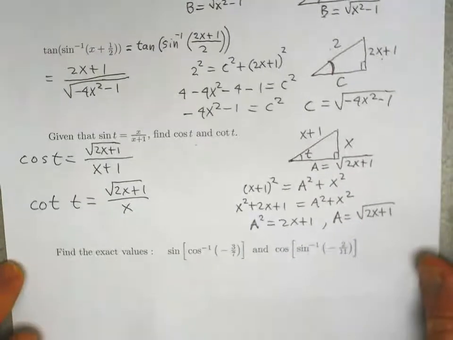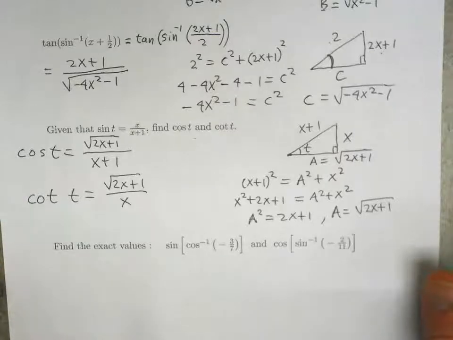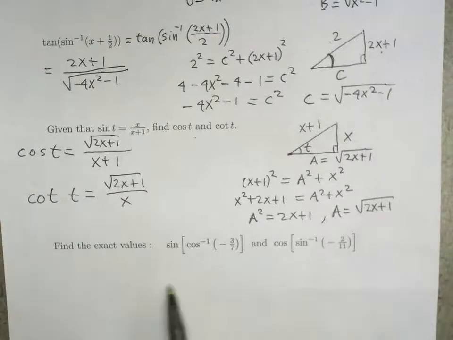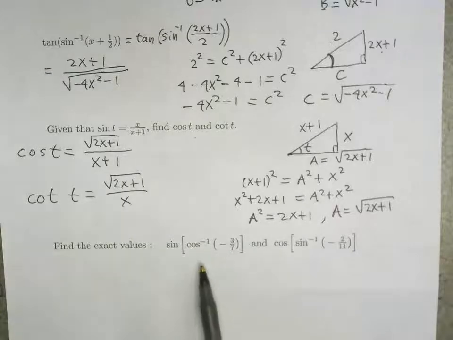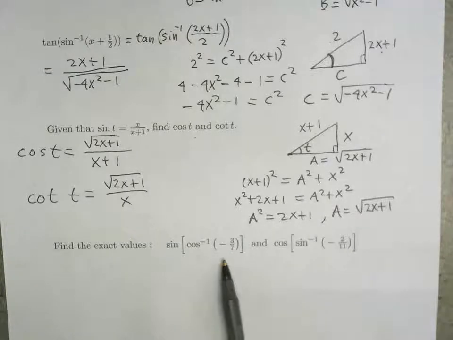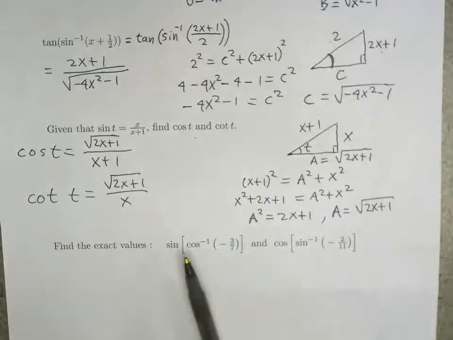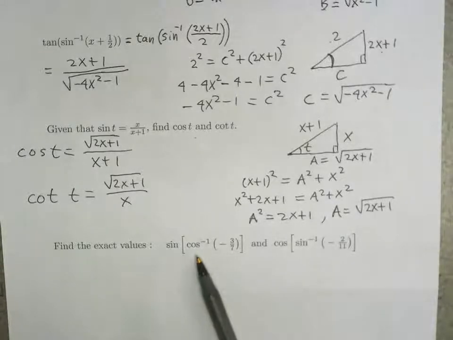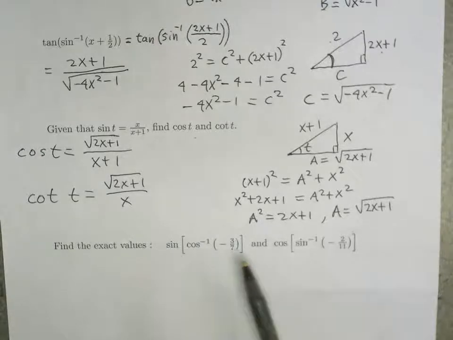Okay, a couple more thinking examples. Find the exact values. Find the sine of the inverse cosine of negative 3/7. Okay, remember what the range of inverse cosine is. The range of inverse cosine is from 0 to pi.